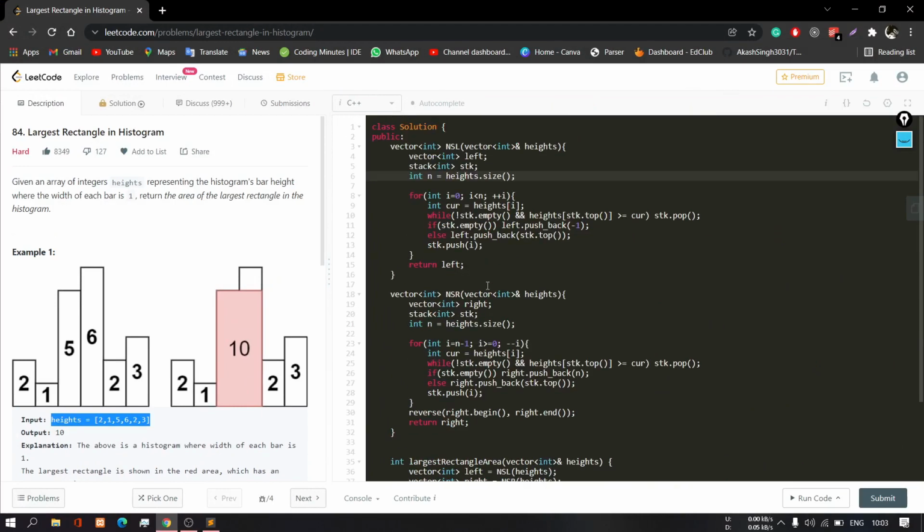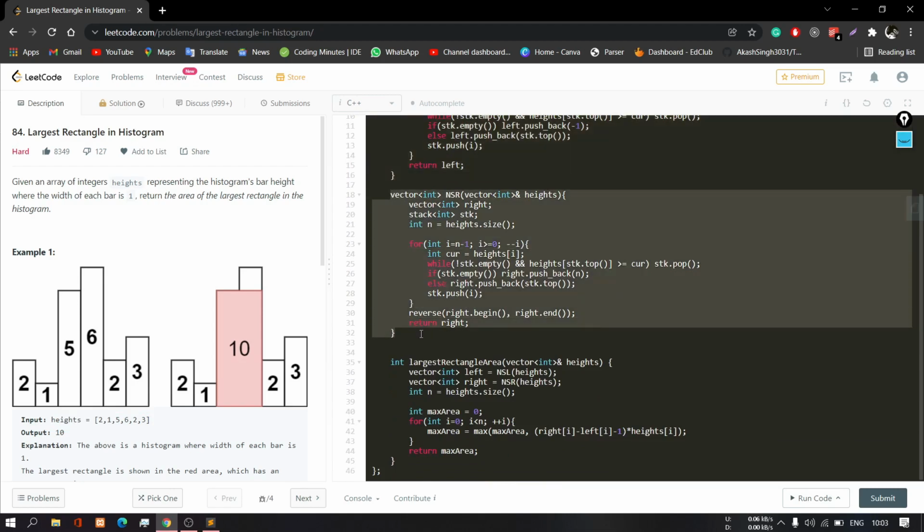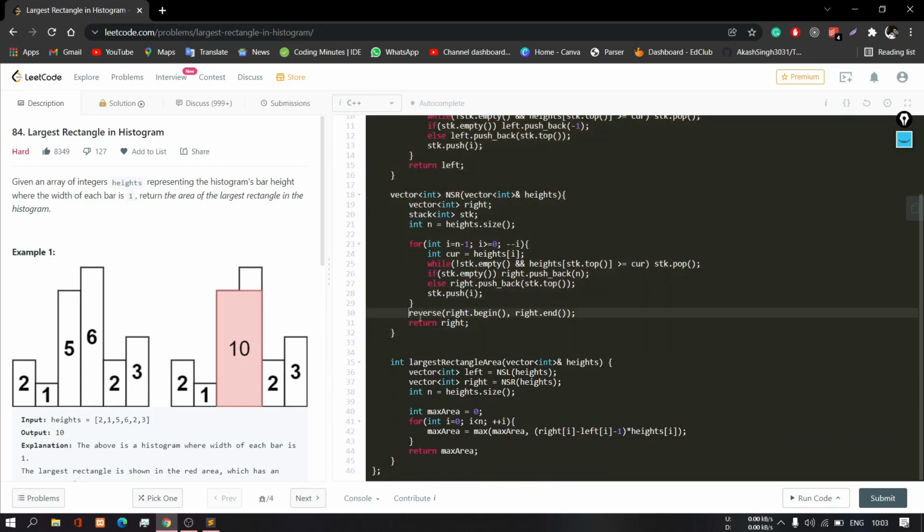Okay, so this is the code. I have written the NSL and NSR functions, and as I told you, we need to reverse the NSR, so I have reversed it here. Then I call the NSL and NSR, and they return left and right vectors containing all the indexes.